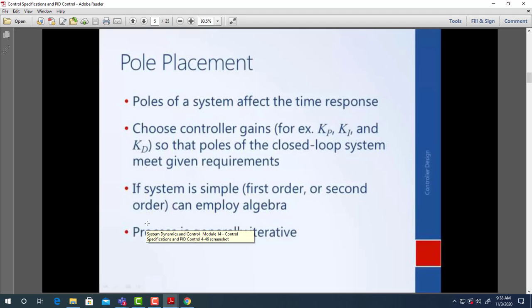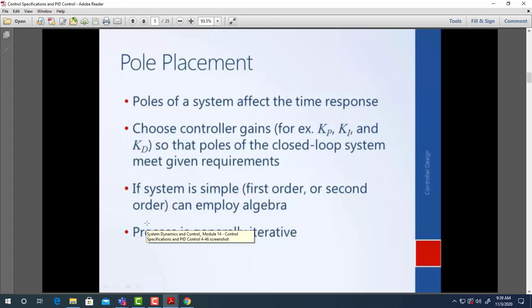Because if your requirement has this settling time, this overshoot and so on, then you need to ask where I need to put the closed loop poles to achieve this requirement. So once you choose the poles, then you choose the parameters for your controller, KP, KI, and KD.